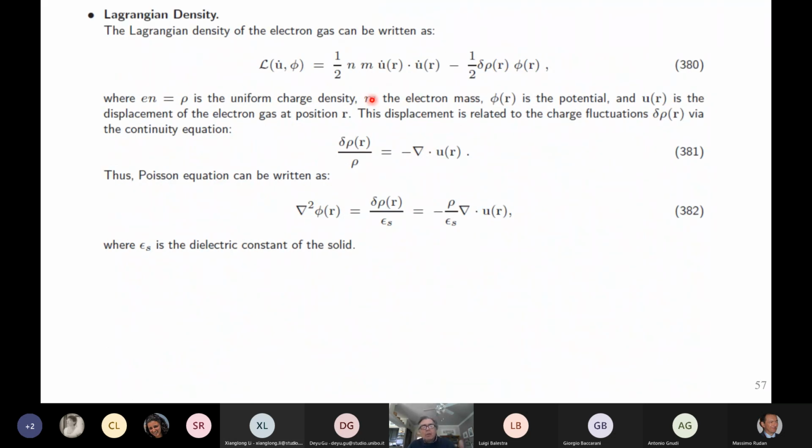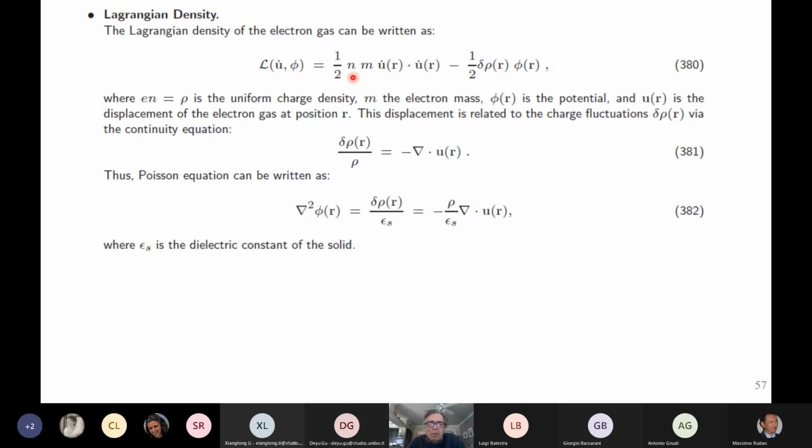So let's look at this continuum approximation, and let's describe the Lagrangian density in terms of the displacement of the electrons from their equilibrium position. So grad U is actually the divergence of the charge, and phi is the electrostatic potential. Let's assume that everything moves slowly enough in time that I can ignore retardation effects and solve only the Poisson equation instead of the full set of Maxwell's equations.